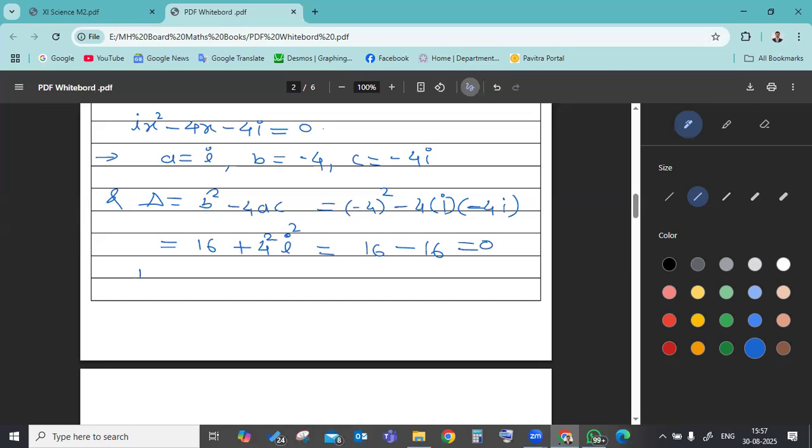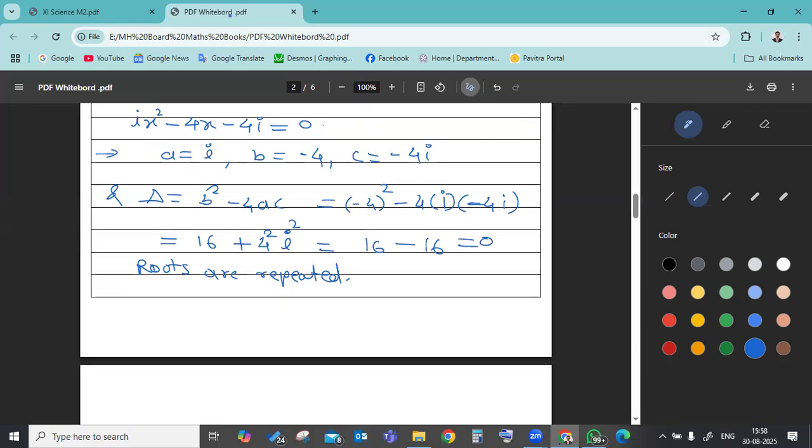So the roots of this equation are repeated. Let's find the roots of this equation.